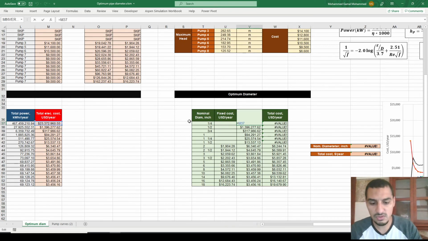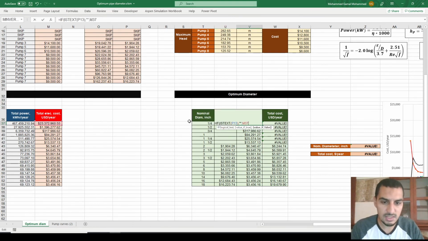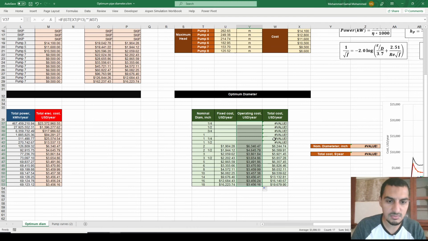The same I can do for the operating cost, by taking the same first part here, which is IF ISTEXT here, and it's going to be the same for this, and that's all. So when it does the rest, it's going to be okay.